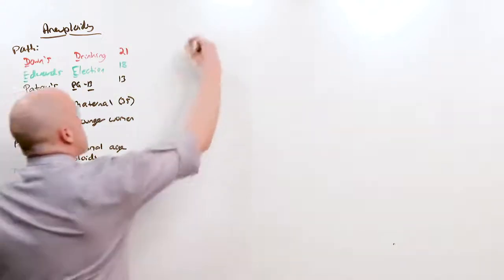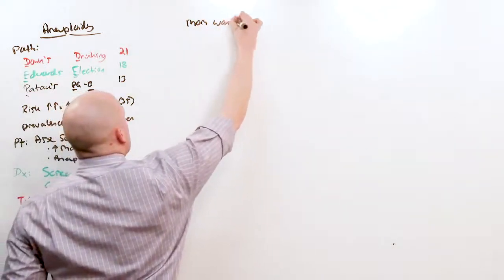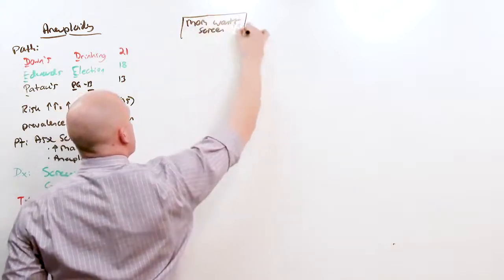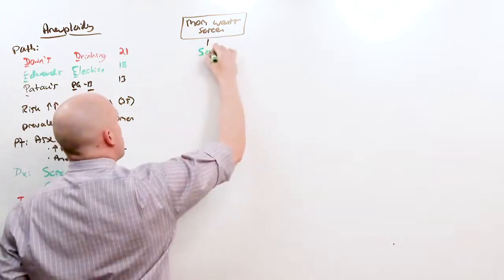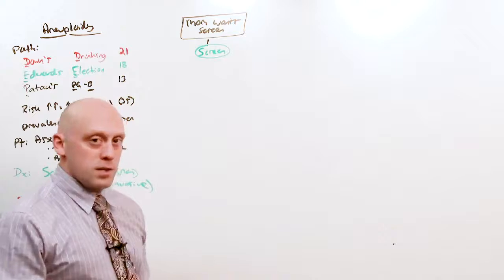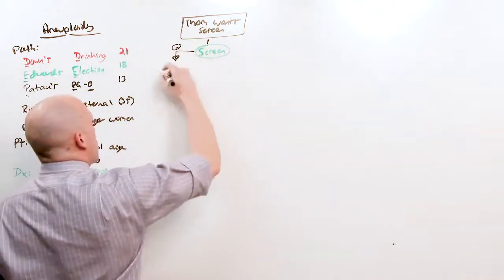So mom comes in and says, you know what, I want a screen. And she's willing to go the whole way. If she's positive and she ends up having a baby with a genetic disorder, she does not want to keep it. So you start off with the screening test. Screens do not diagnose or rule out the disease. They only put mom into risk categories.